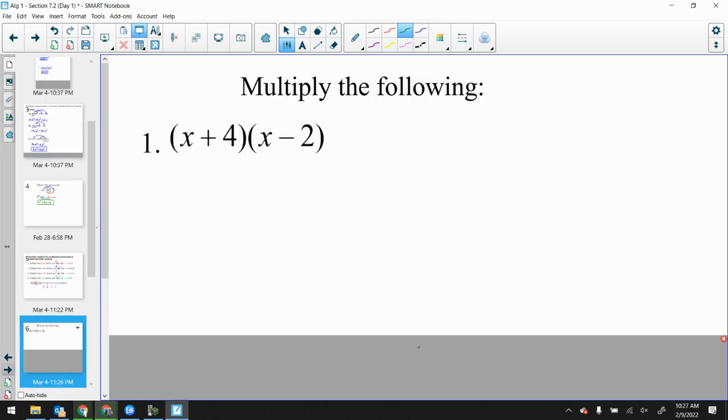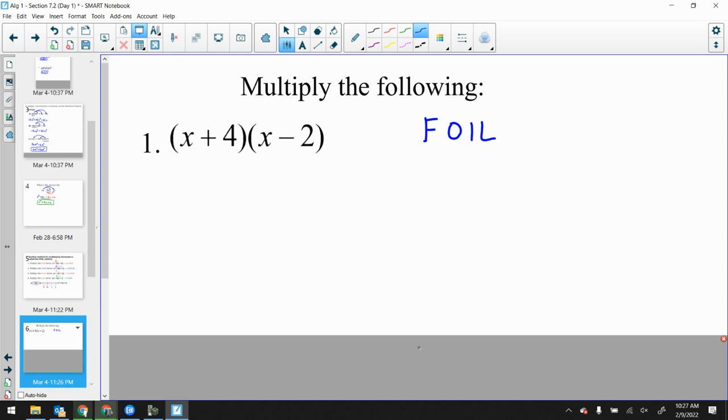So let me show you what an example would look like. Now, this is on the top of your back page. X plus 4 times x minus 2. I like to encourage you guys to write the word FOIL up on the top of the page to remind yourself the order.